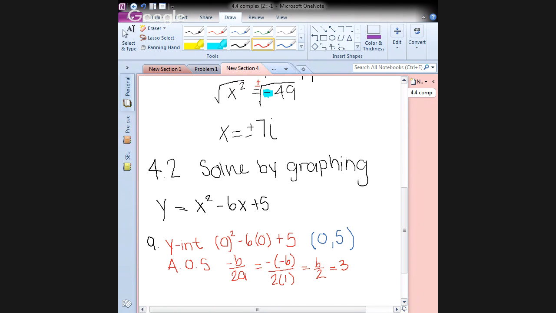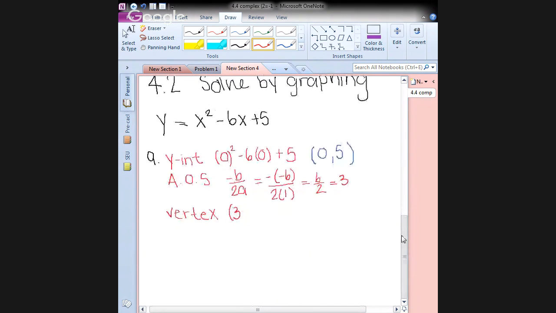Now the next thing they ask you for is to find the x coordinate of the vertex. Or let's just say, let's find the vertex. Well, when you found the axis of symmetry, you have the x of the vertex. So you have 3. You need the y. So to find the y, take your 3 and plug it into our formula.